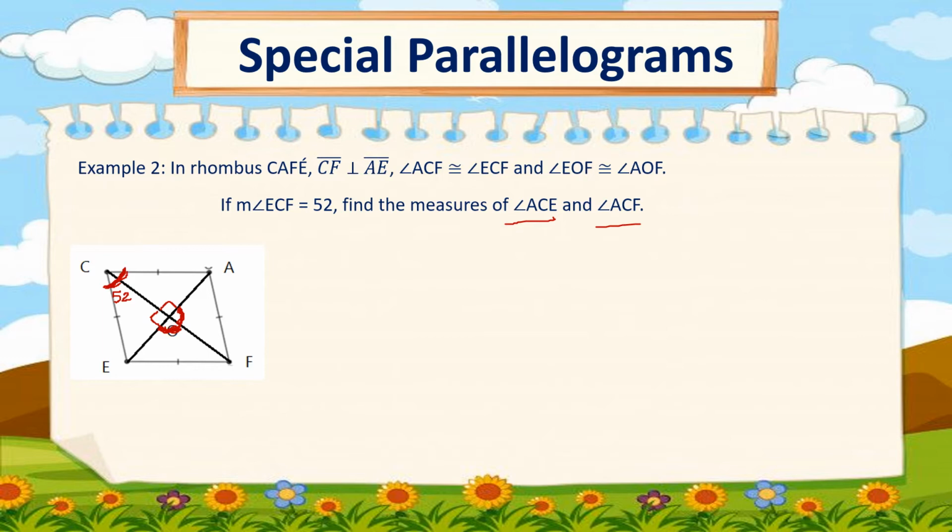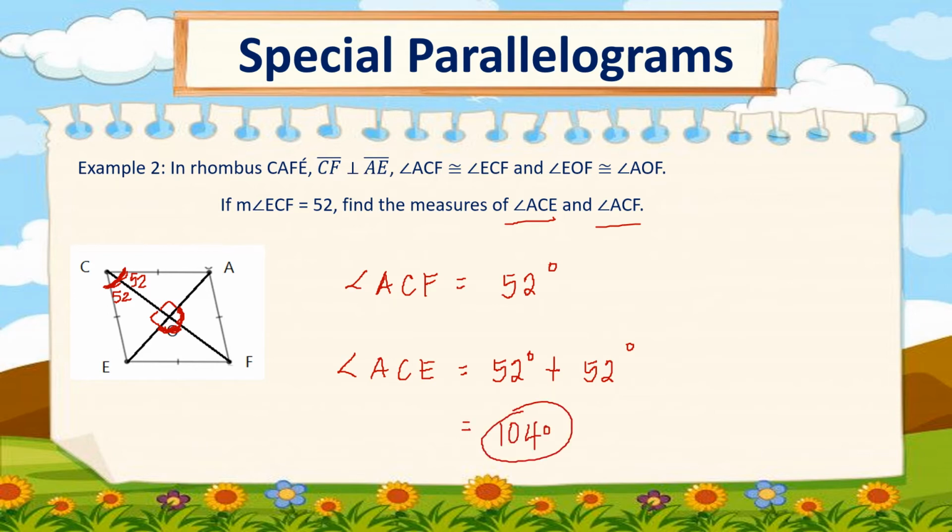So if ECF is 52 degrees, we can also say that angle ACF is also 52 degrees. Therefore, the measure of angle ACE is equal to 52 degrees plus 52 degrees, and that is equal to 104 degrees.